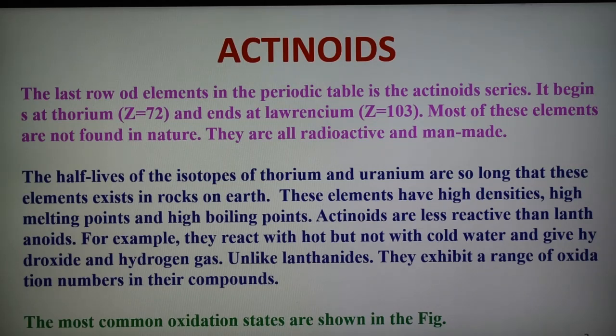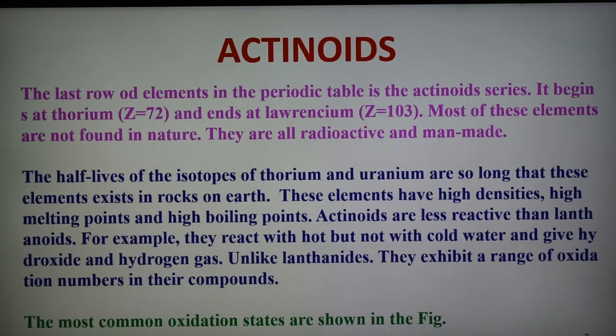Now, as we know, these elements are man-made or synthetic elements. These elements are also known as transuranic elements. Transuranic elements are elements that have atomic number greater than 92.